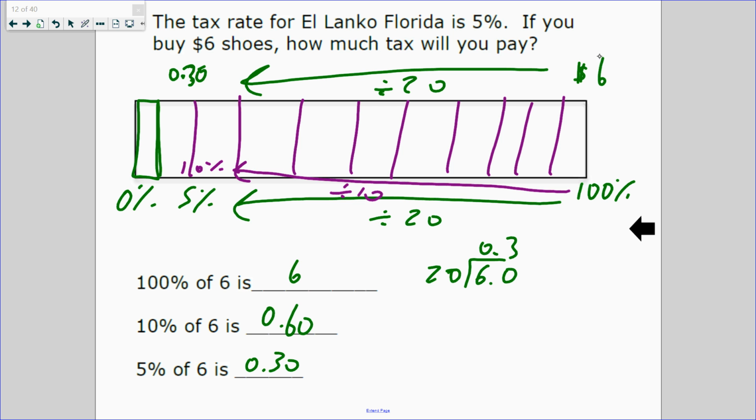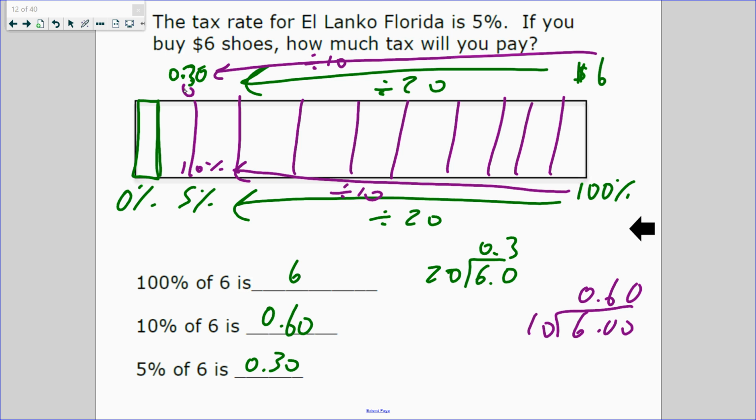Divide by 10. So $6 divided by 10 is 60 cents. So every 10% represents 60 cents. How do you break down 10% to 5%? Divide by 2, so it's 30 cents. Another way you could have done it.